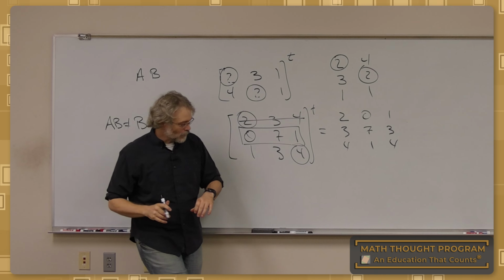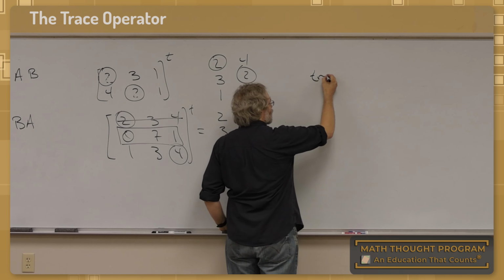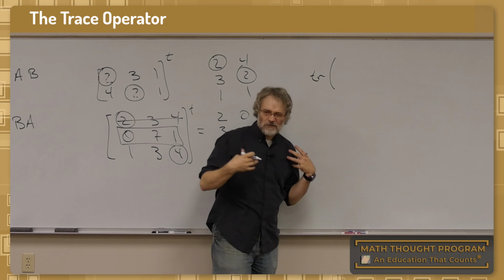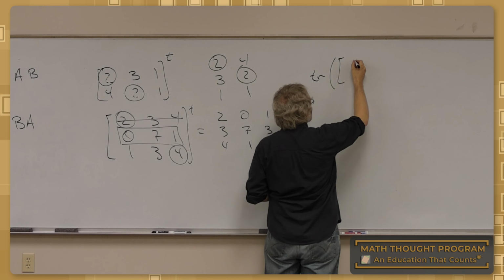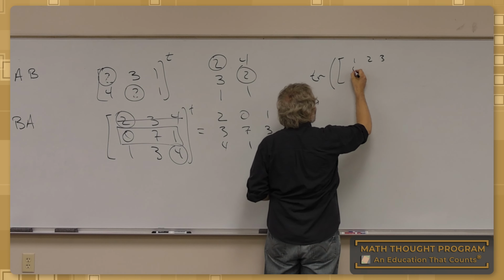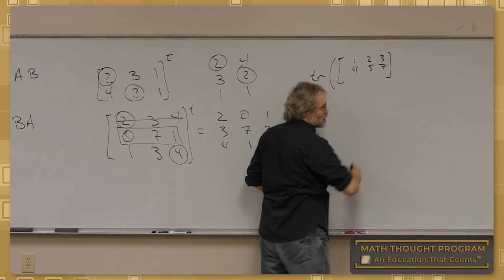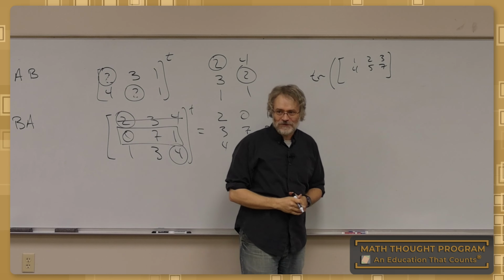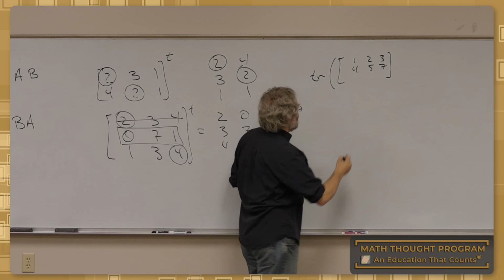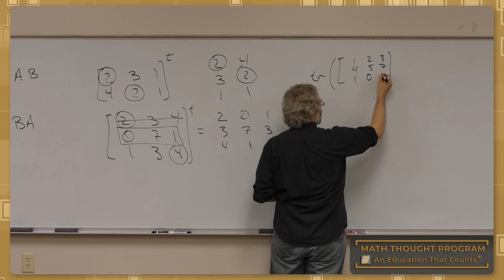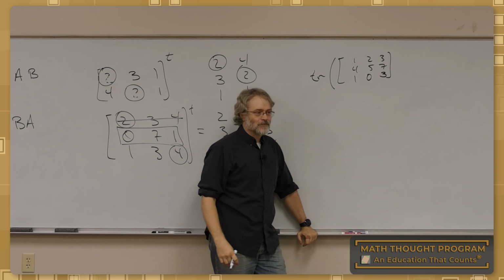And one more operator here is something called the trace. The trace is really going to be defined when we're talking about square matrices. And this is something that, yeah, you're going to need to know too. So if I have a 2x3, sorry, Charlie, hope no one names Charlie, you're out of luck. But if you have a 3x3, you can do this.